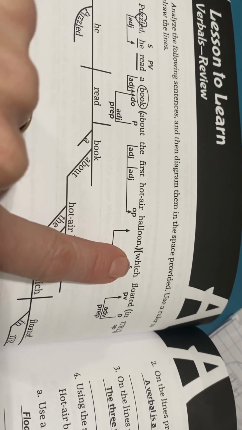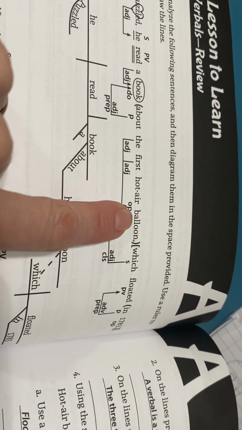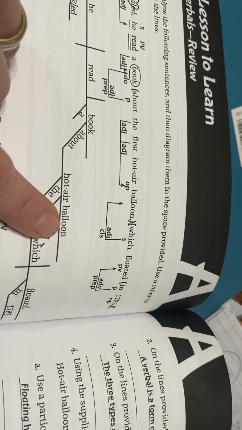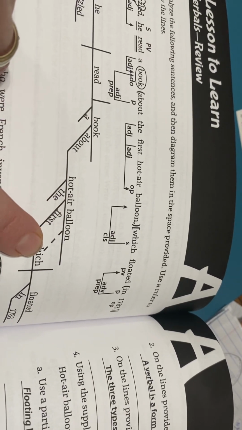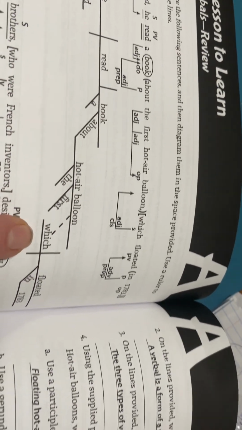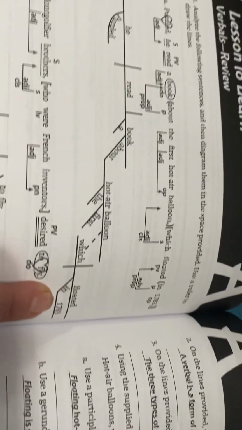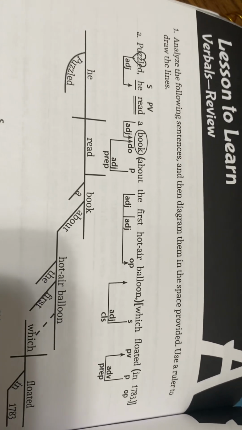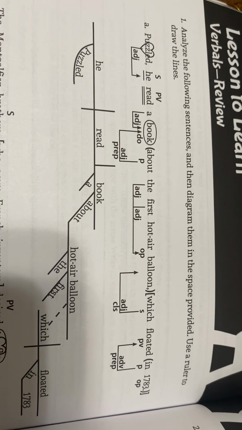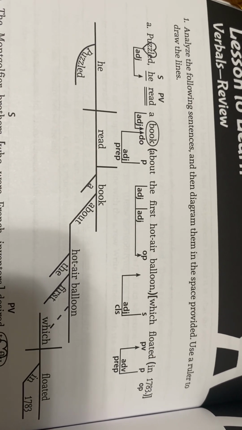And the which, remember, it's modifying balloon. It's modifying the object of the preposition. So you are going to diagram that narrow diagonal dash down, which is our subject, floated in 1783. So your first sentence should look like that. If you need to pause the video to correct any mistakes, do so now.